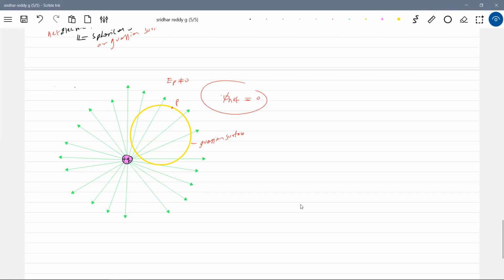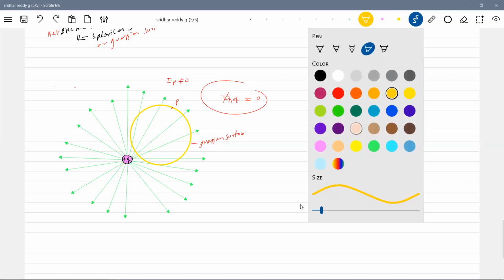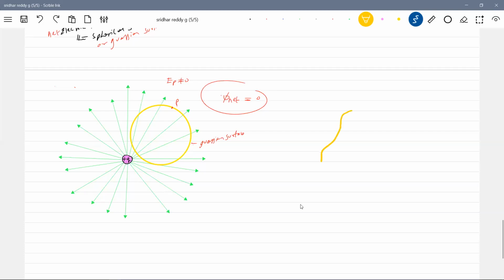Let's take another one. Let me take a thin Gaussian surface. There are 3 point charges, Q1, minus Q2, Q3, plus Q4.